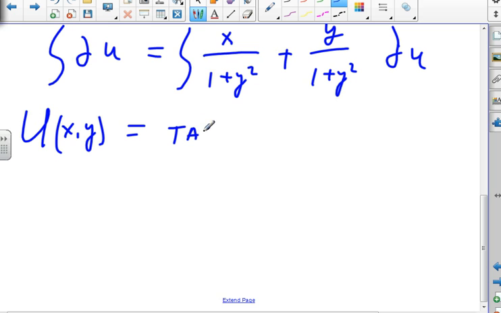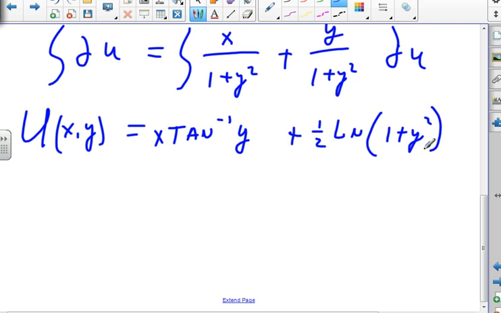So this is arctangent, this is x arctangent y plus 1/2 natural log 1 plus y squared plus some constant in x only. Is that what it is? Okay.